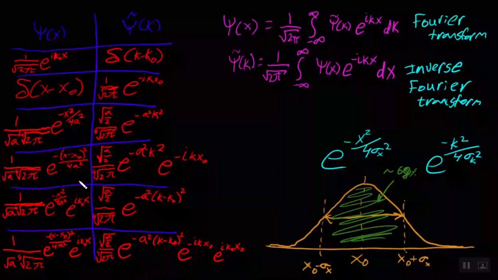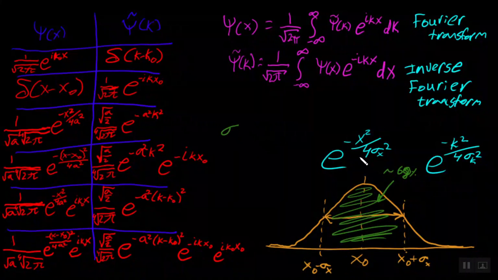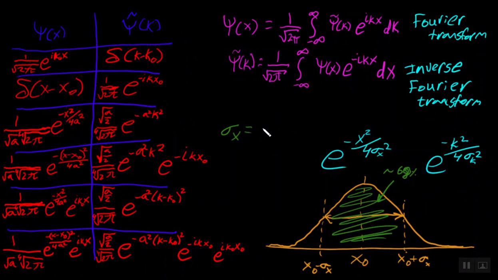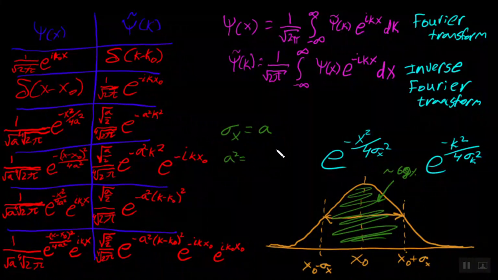So here, in all of these examples, for x we have σx equals a, and we have a squared being equal to 1 over 4σk squared.